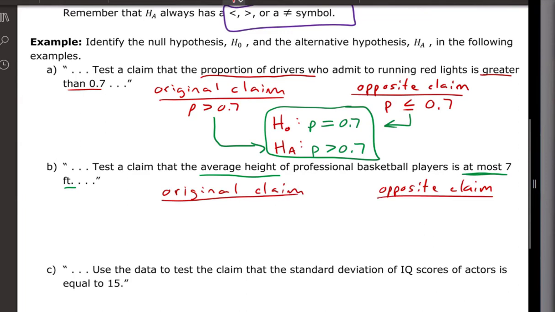Now, with the original claim, we want to test the claim that the average height is at most 7 feet. So average, what do you think that will be? Well, that will be a claim about the population mean.